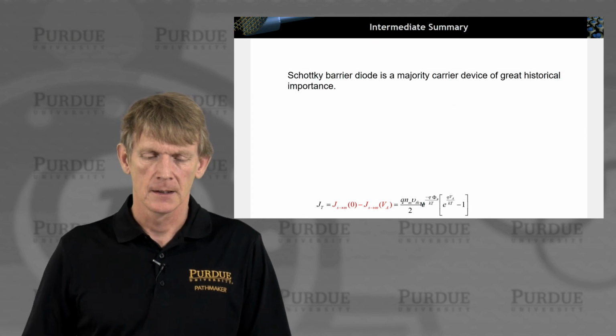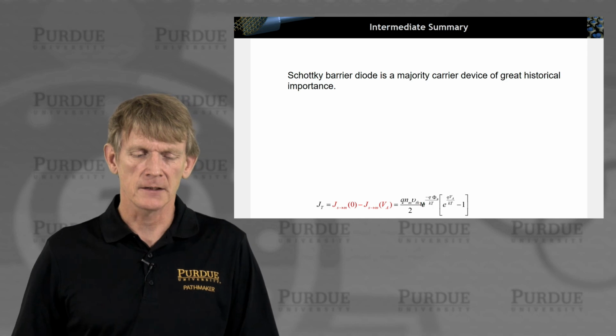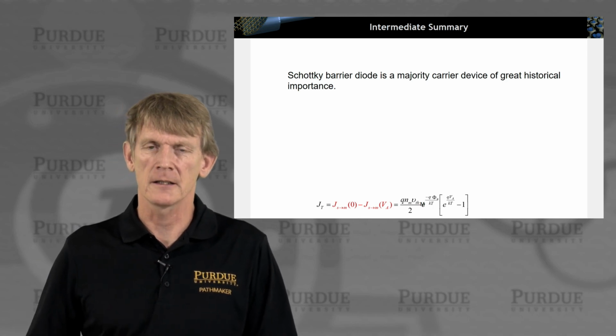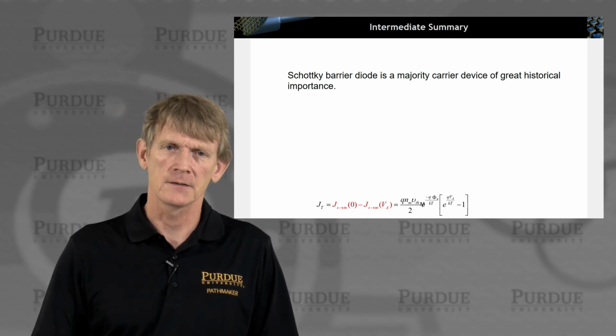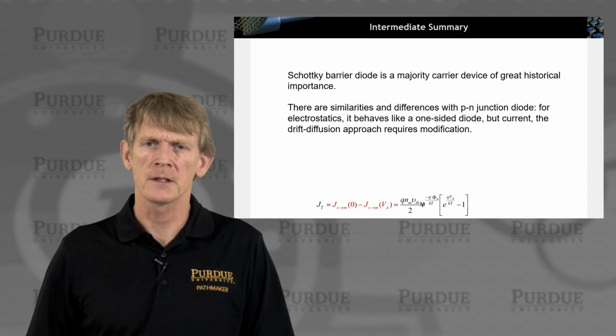All right. So the distinction here really is that the Schottky barrier diode is a majority carrier device that has historical importance and is really important still today. There are similarities and differences between the PN junction diode for the electrostatics.